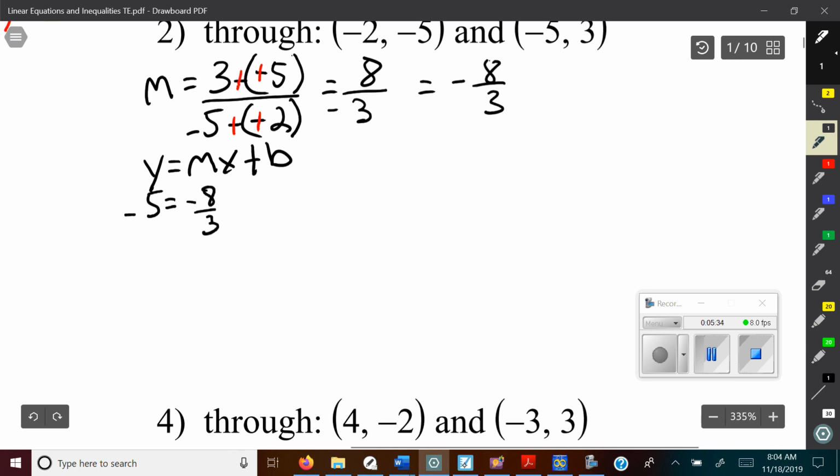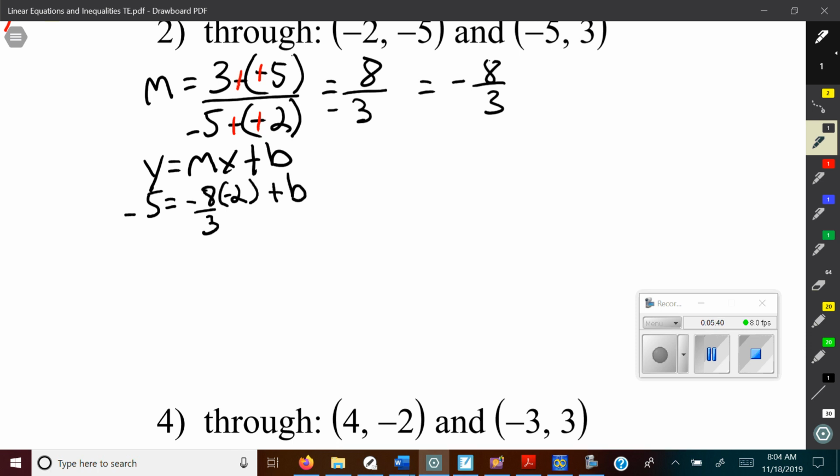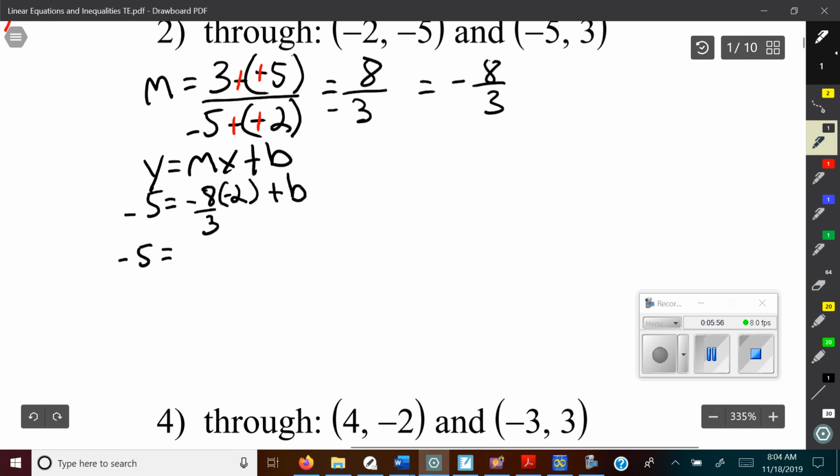And for x, I'm plugging in -2. All right, now I'm going ahead and solve for b. I'm going to bring down the -5, and that's going to be equal to -16, oh, actually +16/3 plus b.